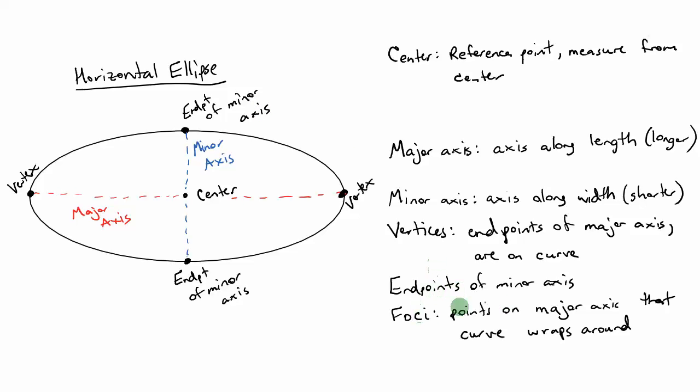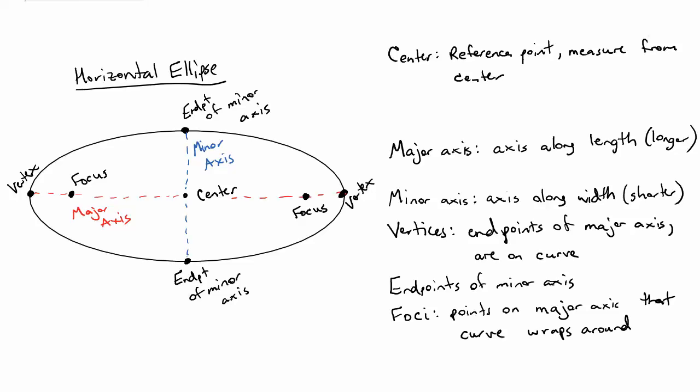And finally, the foci are points on the major axis that the curve wraps around. So this might be a focus, and this might be a focus. And there you go. We've worked in reverse now to place all of these parts of a horizontal ellipse using the descriptions we've described before.